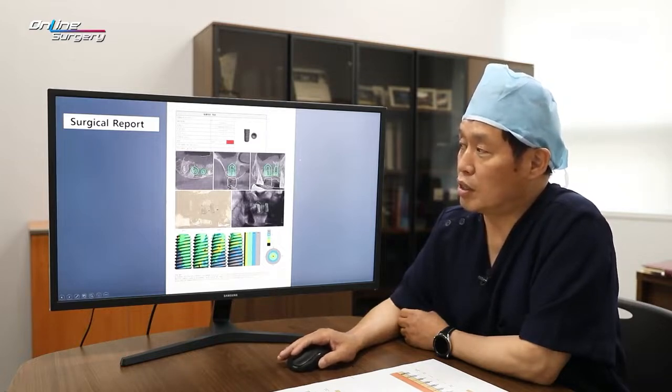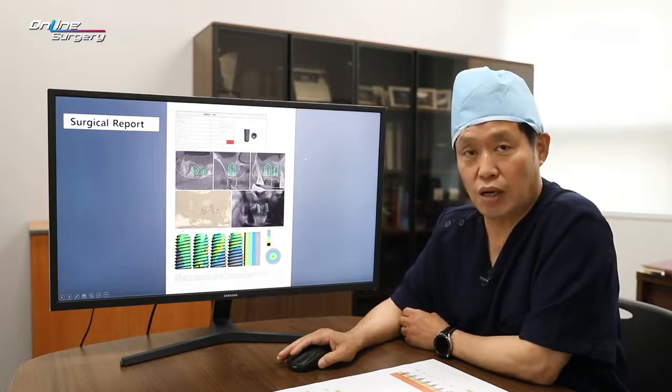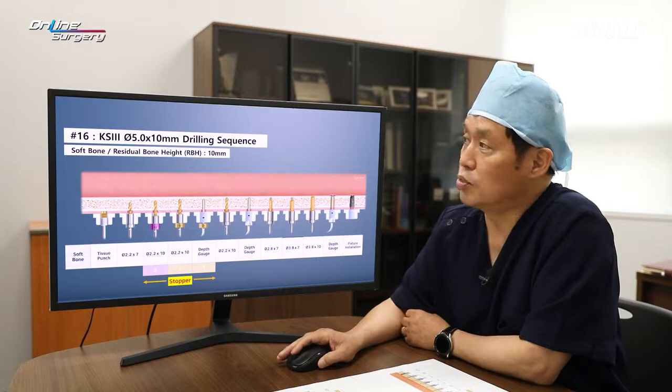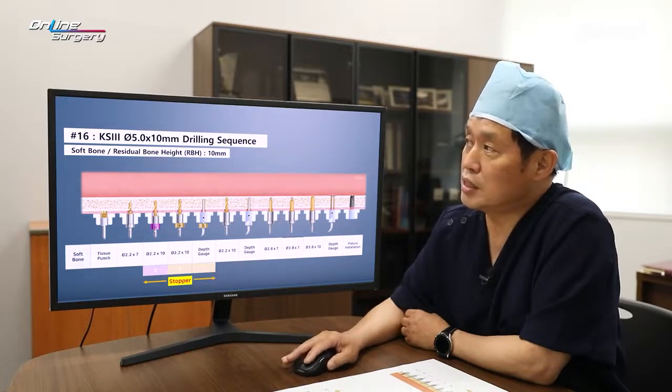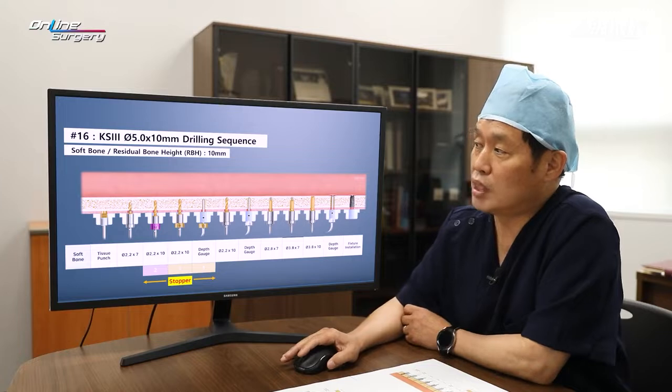In the posterior area, I decided on 8.5 to avoid sinus bone graft. For the KS3 implant in number 16, a 5.0 by 10 millimeter implant was planned. The drill sequence was as shown.